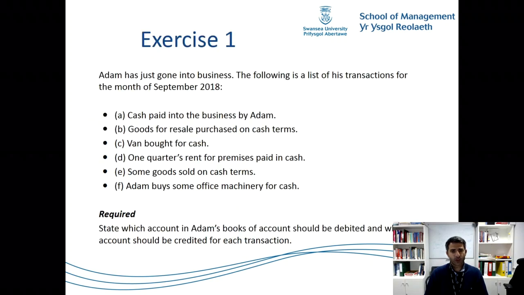How about the second one? Goods for resale purchased on cash terms. Now Adam purchased goods. When I say goods, remember, always write purchases.